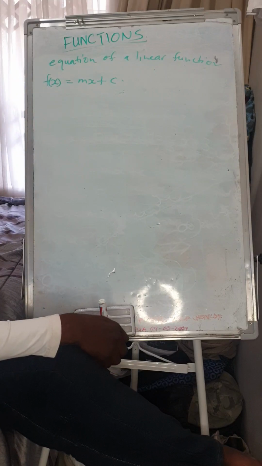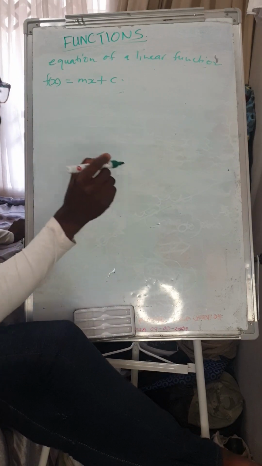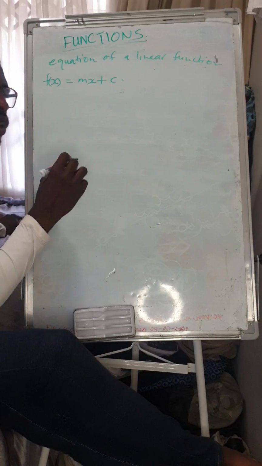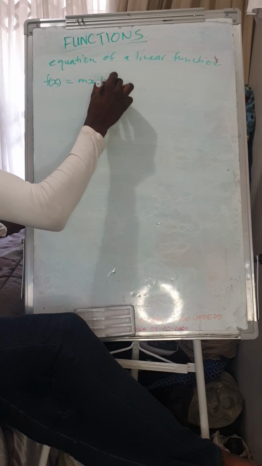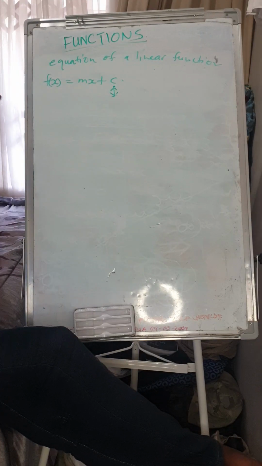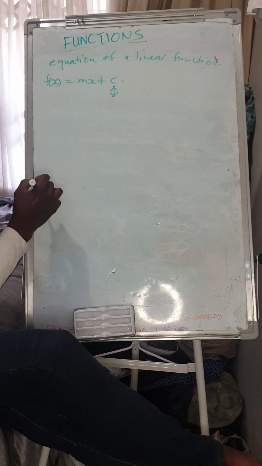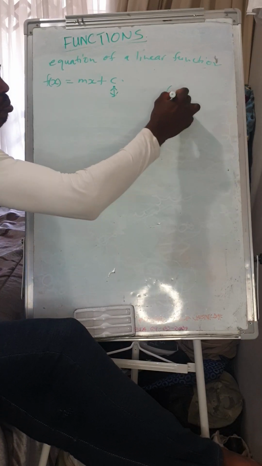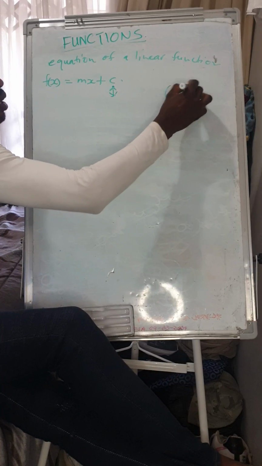What if you are given the y-intercept and one other point? So you are given the y-intercept and one other point. What you are going to do here is substitute the y-intercept, the value of c, which is the y-intercept. You put it right there, and suppose the y-intercept is actually 0, 3.